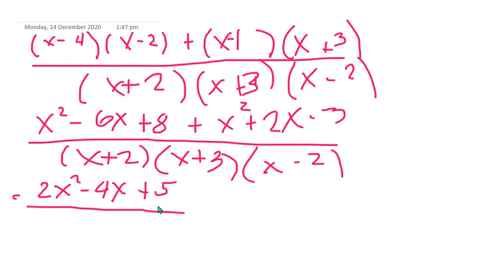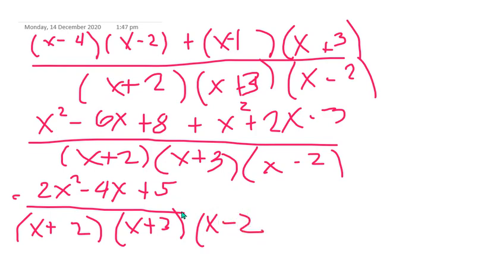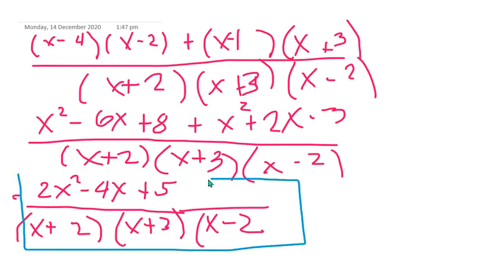Then, copy the denominator. So, we have now x plus 2 times x plus 3 times x minus 2. Okay. Since the denominator cannot be factored using trinomial factoring, this is now in the simplified form. So this is now your final answer.